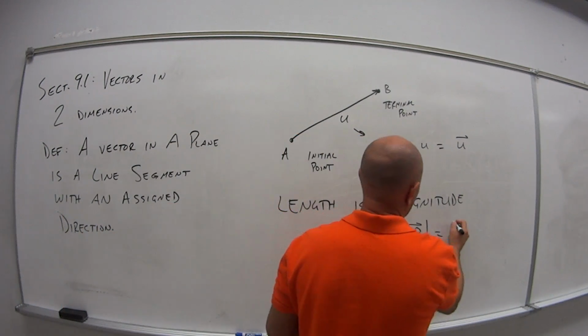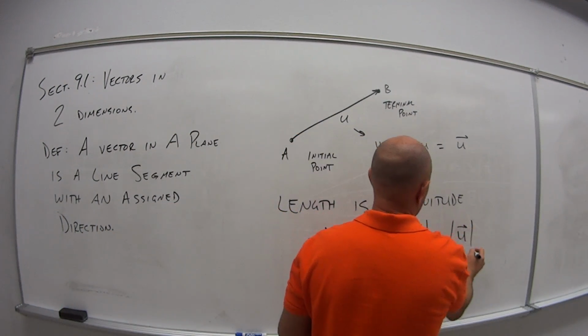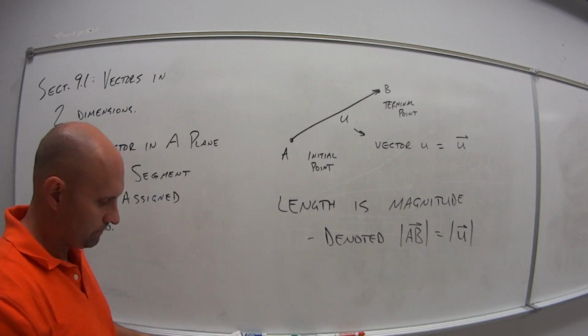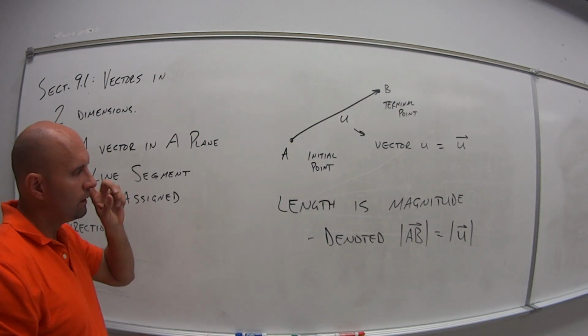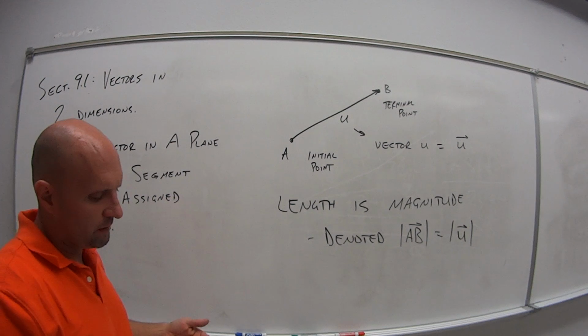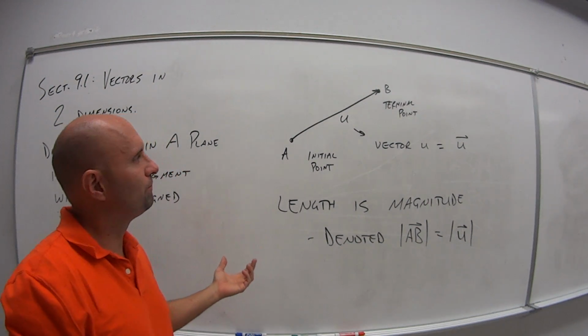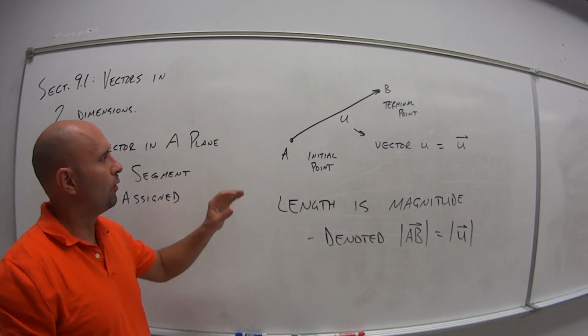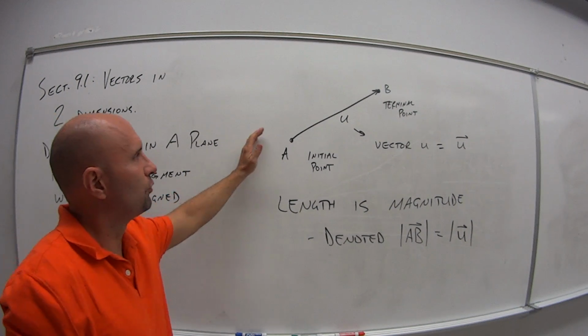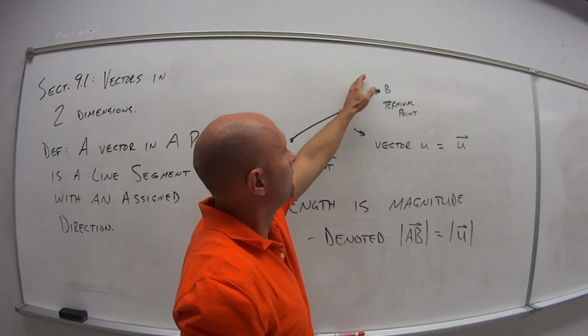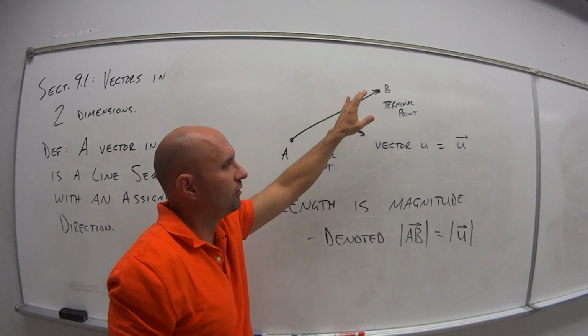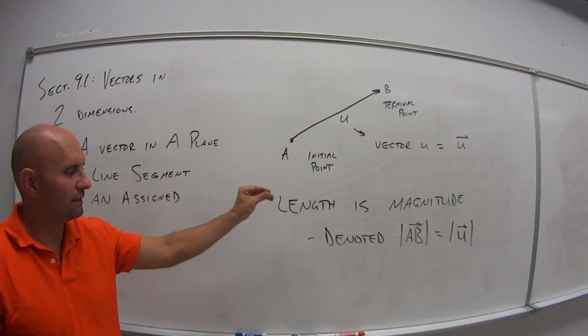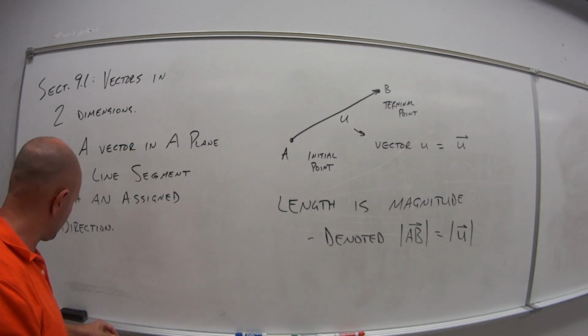We could also call it just the magnitude of U if we've given it a name. You can think of a vector as displacement. If you were sitting in a boat and there was some current pushing you for a certain amount of time, where you started and where you ended, that displacement is what the vector represents.